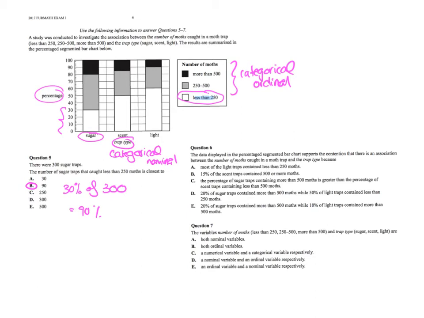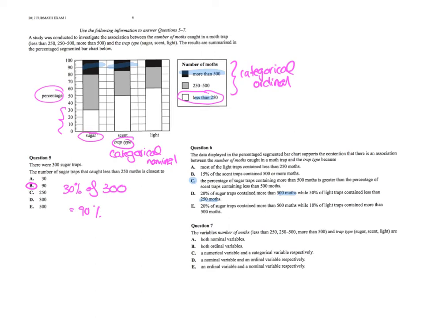The percentage of sugar traps containing more than 500 moths is greater than the percentage of scent traps containing 500 moths. I don't mind that, because they've both compared those ones, yeah? Because they said sugar and scent, and there is a bit of difference there. Let's see the other ones, see how these ones are comparing 500 moths to 250, so we're not comparing the same category.